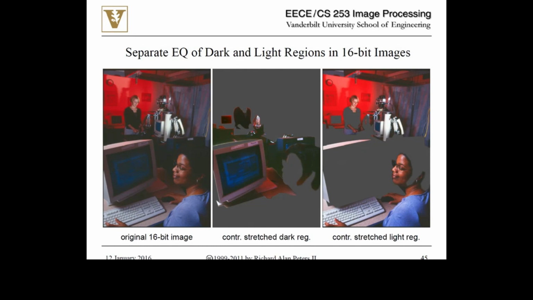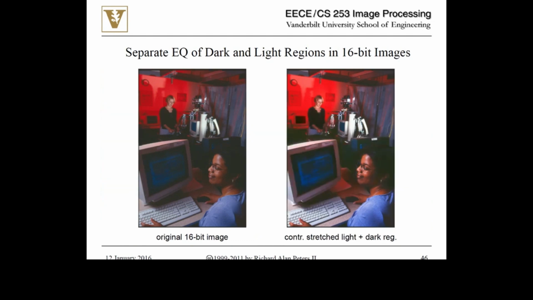So now I construct two masks that separate the two areas, and on one area I apply a transformation, on the other area I apply a different transformation. And now I combine the two. This is the original, and this is the one in which we have applied different transformations for each of the areas. For instance, somewhere this is very clear is the screen of the computer. So you can see a lot of details that were much less visible in the original image.